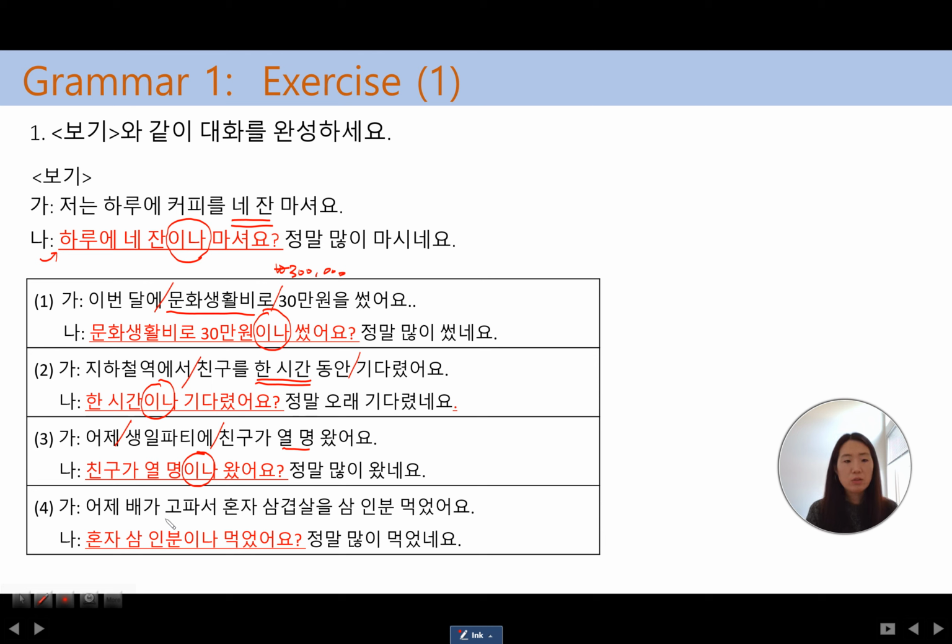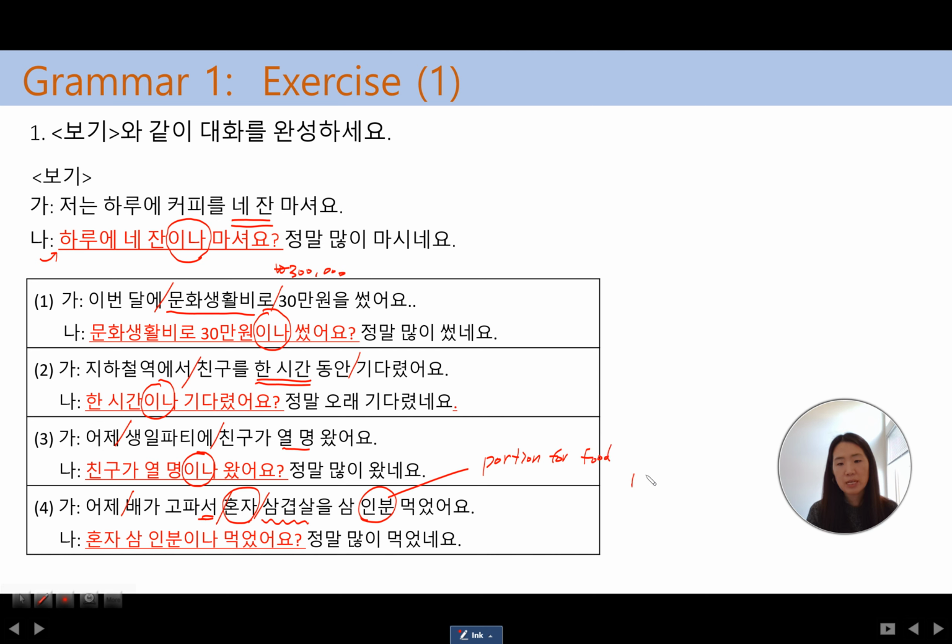Number 4. 어제 배가 고파서 혼자 삼겹살을 3인분 먹었어요. Yesterday, because I was so hungry, by myself, 삼겹살, we know, pork belly, 3인분. 인분 is the portion for food.